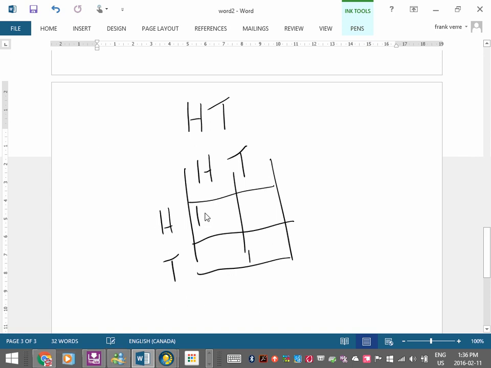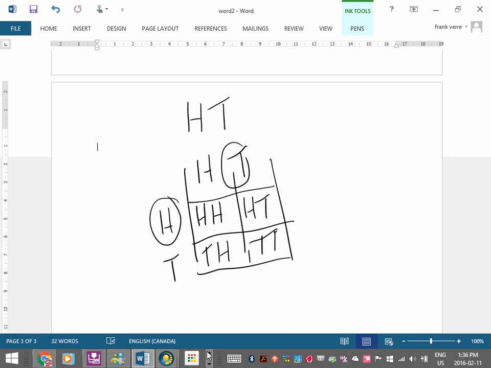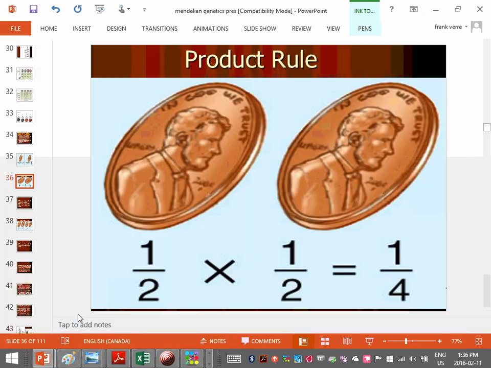You could get this combination on 2 coin tosses. Heads, heads. It's possible, right? But first coin could be a head, second coin could be tails, or first coin could be tails, second coin could be heads, or you could get 2 tails. Those are your 4 possibilities. What are the odds of getting heads, heads? 1 out of 4. And what did we say it was according to the product rule? 1 out of 4. So this is just a different way of doing it.